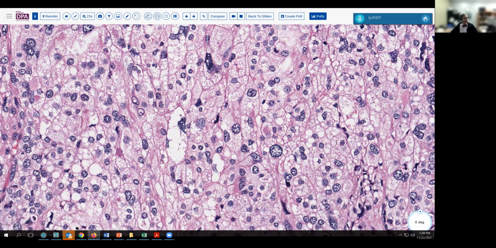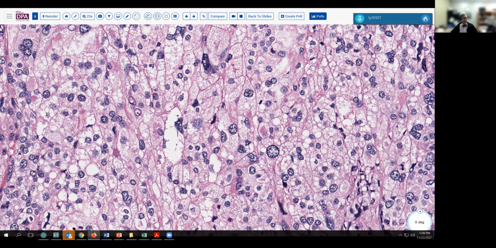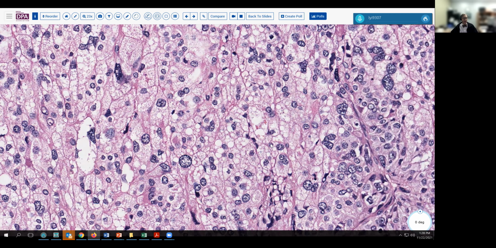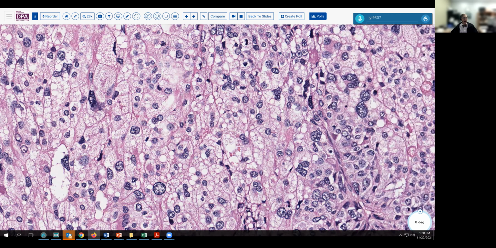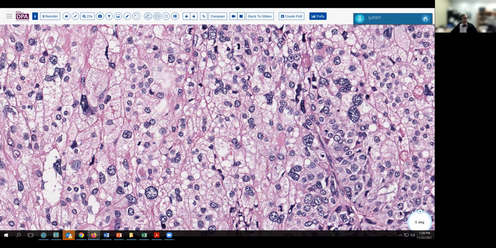This cell, I think, has some indentation here you see from one of these bubbles, and others of these cells certainly show high-grade malignant features. Now, it does look also like we have sort of defined almost epithelioid type cytoplasmic margins and a little bit of packeting.